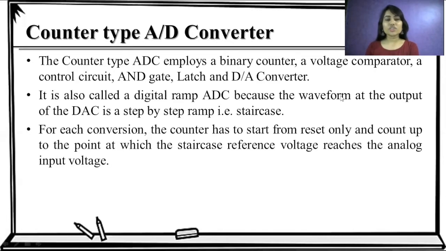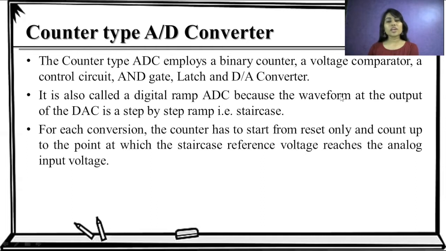For each conversion, the counter has to start from reset and count up to the point at which the staircase reference voltage reaches the analog input voltage. Here we compare the actual analog value to the output of the counter.